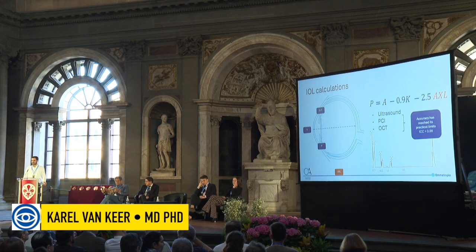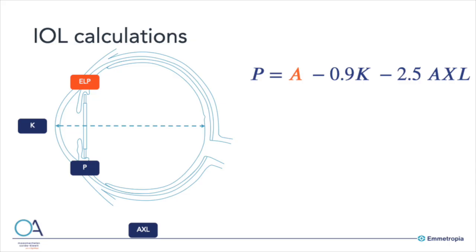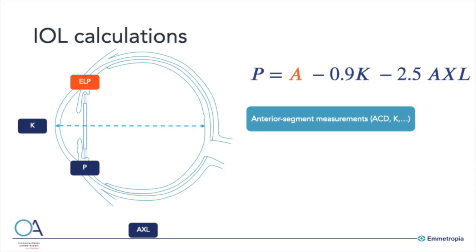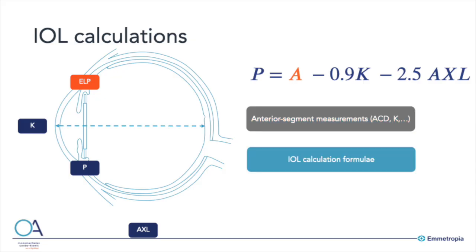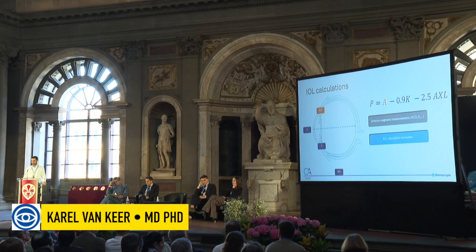So axial length is no longer really an area of competition. A represents many things dependent on anterior segment parameters, like ACD, which we'll see also later in the study. And then, of course, that is what makes the difference between the different formulas estimating the effective lens position.